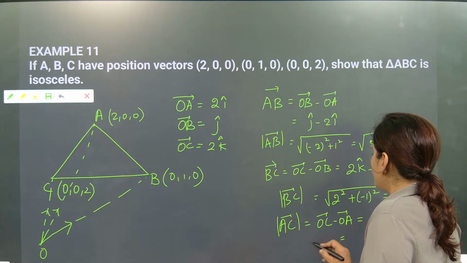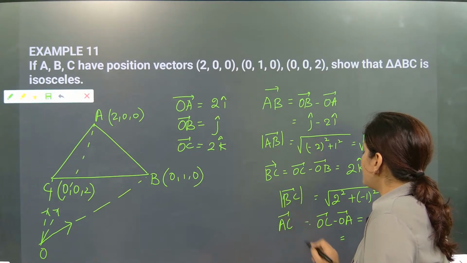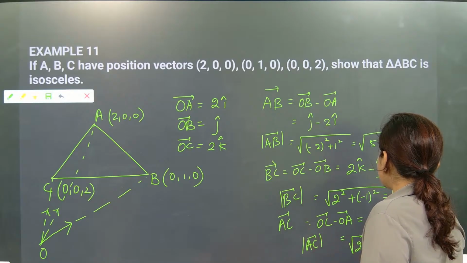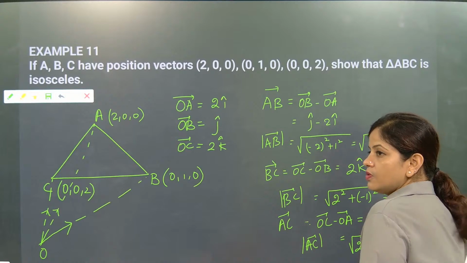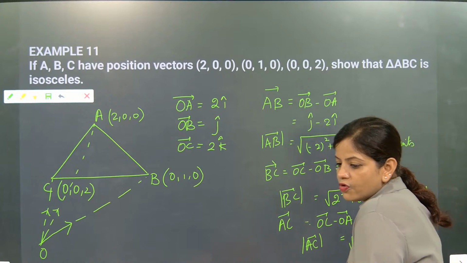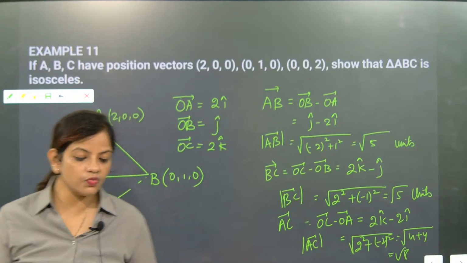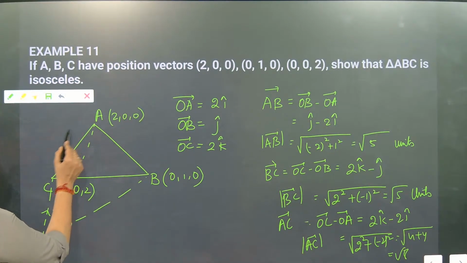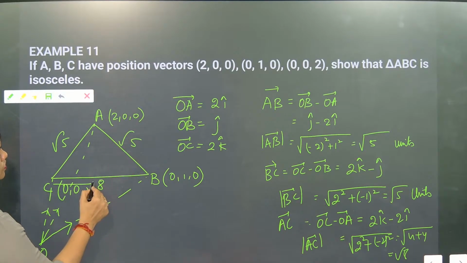So here, sorry, the AC vector. Now what is the magnitude of the AC vector, beta? The magnitude of the AC vector means 2 square plus (minus 2) whole square, so root under 4 plus 4, root under 8. Once you have written all this, one small work you need to do: this side is root under 5 and this is root under 8.